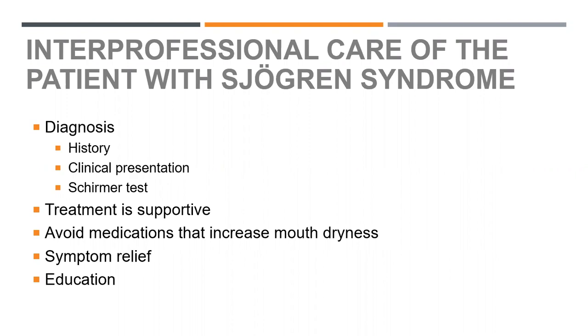The lack of saliva also is associated with increased dental caries and tooth loss. They may also end up with concurrent lymphoma as a result of Sjogren syndrome. So as we're doing our nursing assessment, we need to be sure to look at everything that should be moist that probably isn't in the patient with Sjogren syndrome. They have the risk for impaired skin integrity.